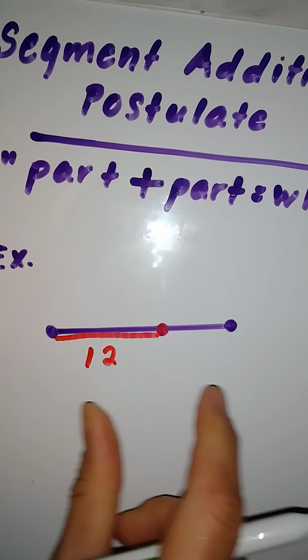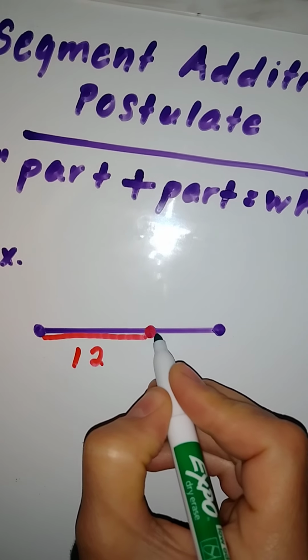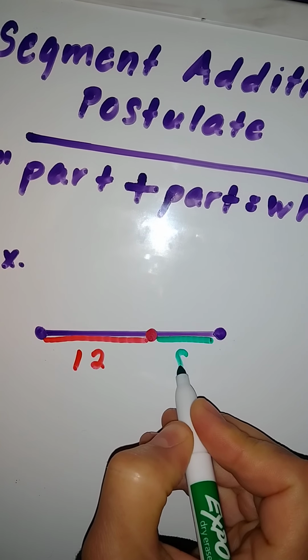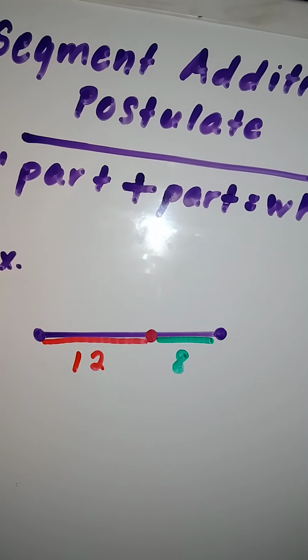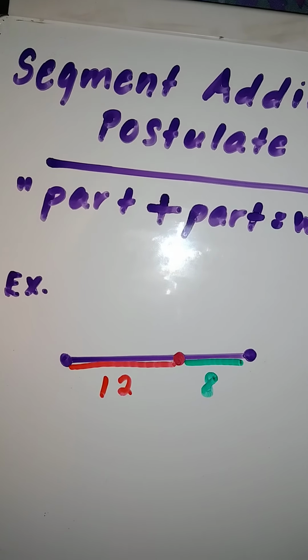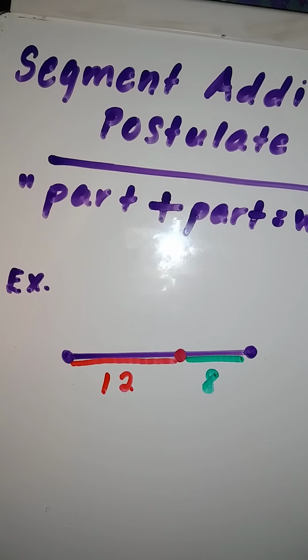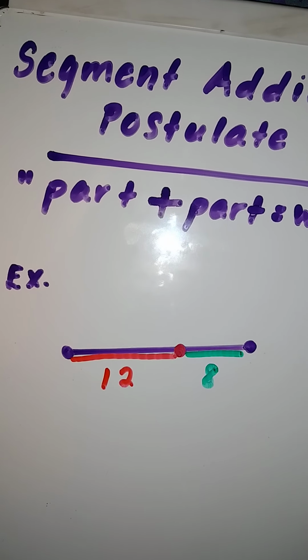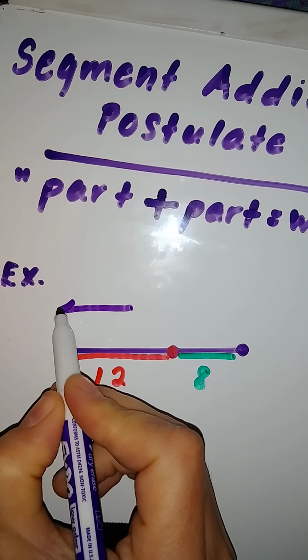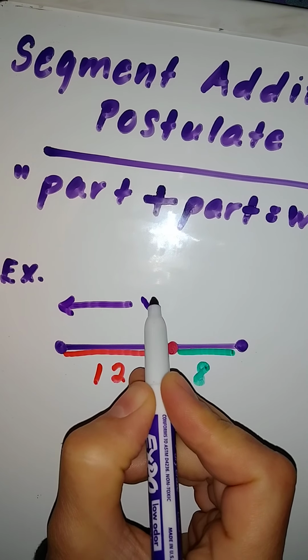You slide your ruler over and you're able to measure 8 more inches. That is enough information for you to figure out this whole length.